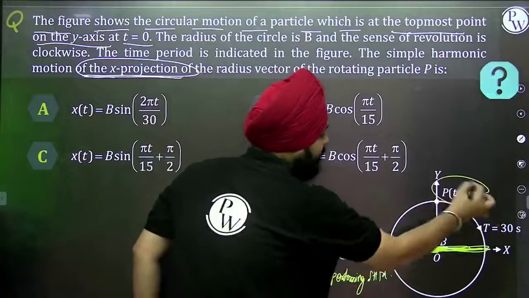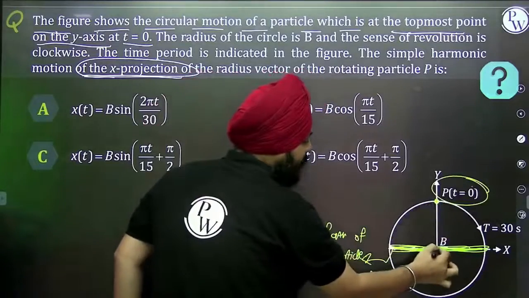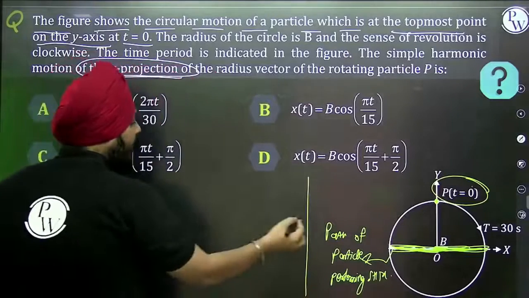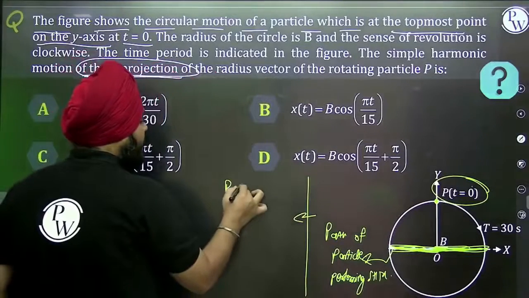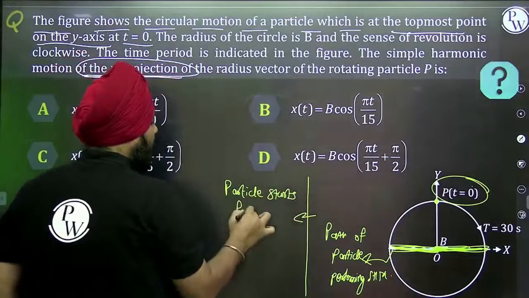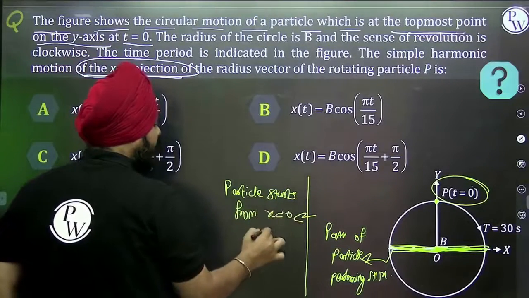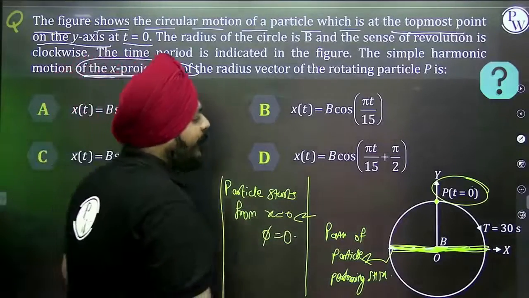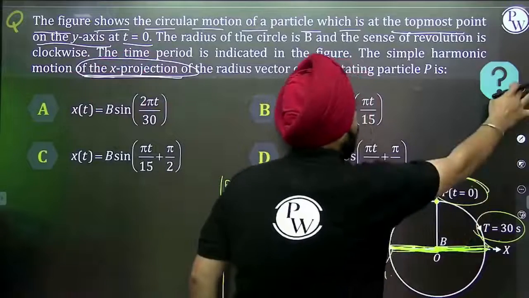Now, at t is equal to 0, the initial position is this. It means the particle is starting from the mean position, from x is equal to 0. It means the initial phase is 0. The time period is given as 30 seconds.